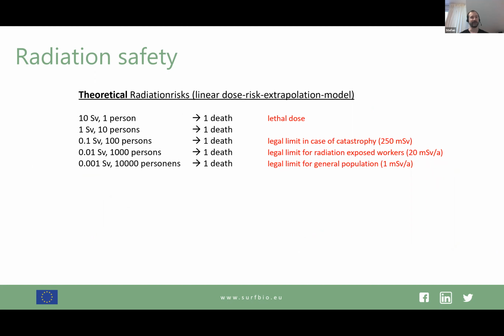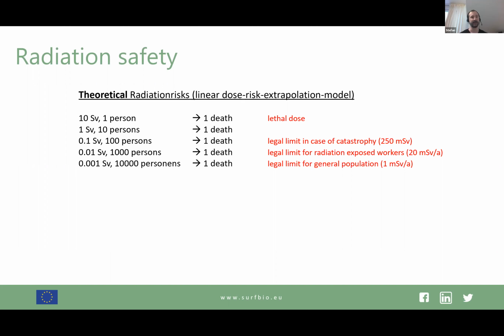And I want to basically close with the theoretical risks, to have a look at this so that you know what you're getting into. This is how the legal limits of radiation safety are determined, with this linear dose risk extrapolation model. So you have 10 sieverts.